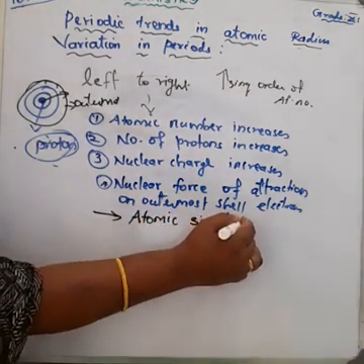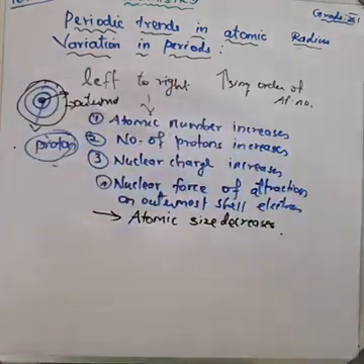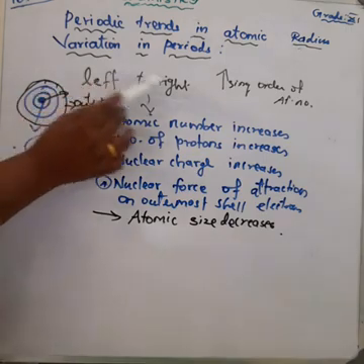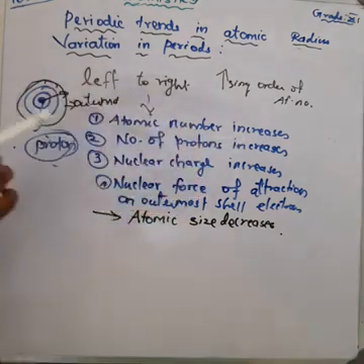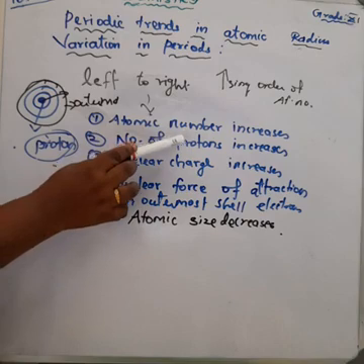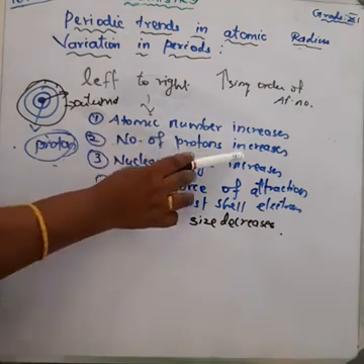Understood? The atomic size decreases. As we are moving from left to right in the periods, the atomic number increases. The atomic number means the number of protons, so the number of protons also increases.